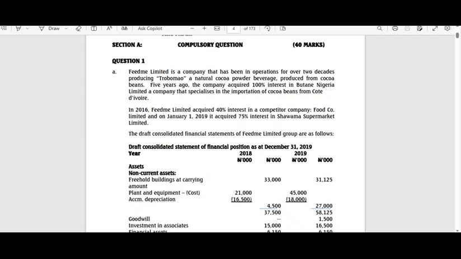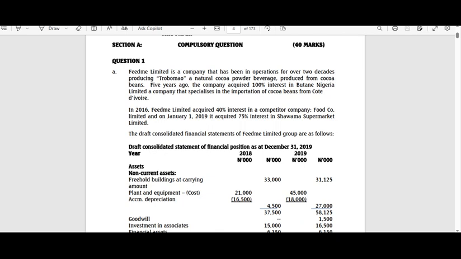In 2016, Feed Me Limited acquired 40% interest in a competitor company, Food Company Limited, and on January 1, 2019, it acquired 75% in Shawarma Supermarket Limited. The draft consolidated financial statements of Feed Me Limited Group are as follows. All figures are assumed to be correct because it's from ICAN.